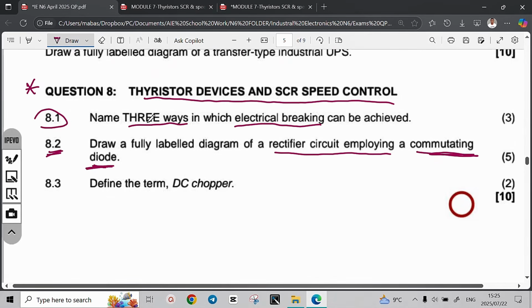The next question is your 8.3. It says define the term DC chopper. Okay, so let's go and define it. Define the term DC chopper, which is 2 marks.